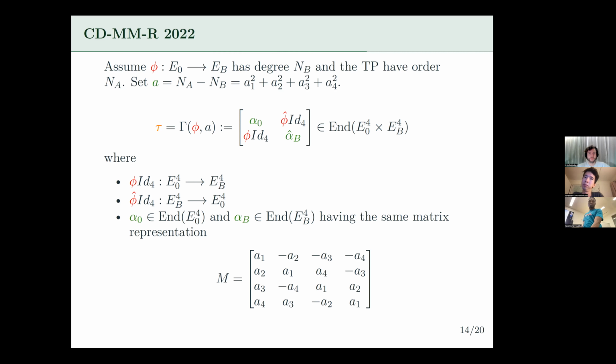If you try to compute the degree, you will see that the degree is alpha 0 times alpha beta squared. Note that in matrix notation, alpha 0 and alpha beta have the same matrix notation.